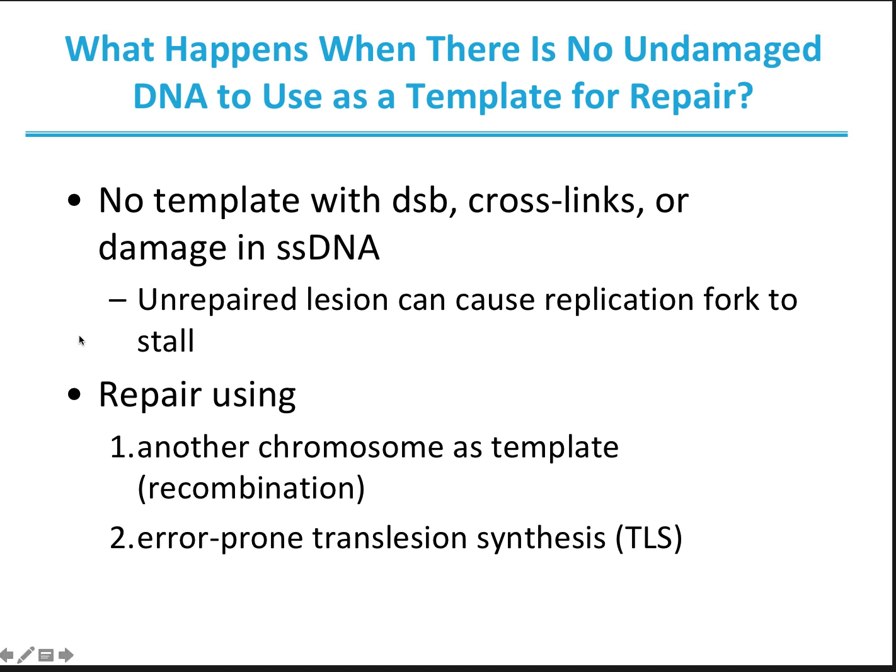All of these unrepaired lesions tend to cause the replication fork to stall. Once the replication fork has stalled, DNA can be repaired using either another chromosome as template, this results in recombination, or through error-prone translesion DNA synthesis, which we'll call TLS.